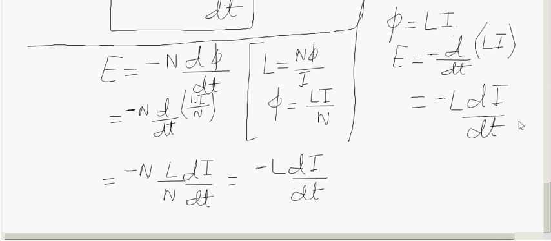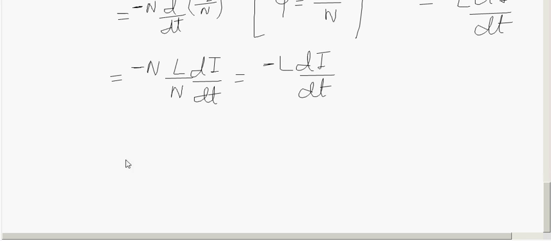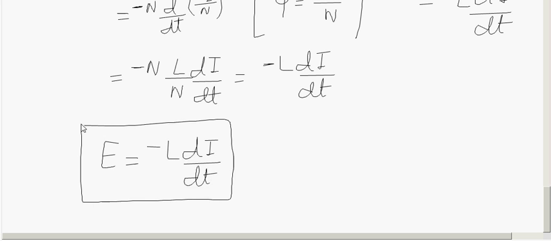We need to remember only this equation. The self-induced EMF is given by minus L into di by dt. E is minus L into di by dt. The negative sign indicates the opposing nature of induced EMF.